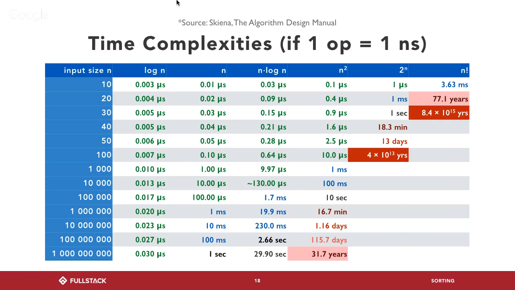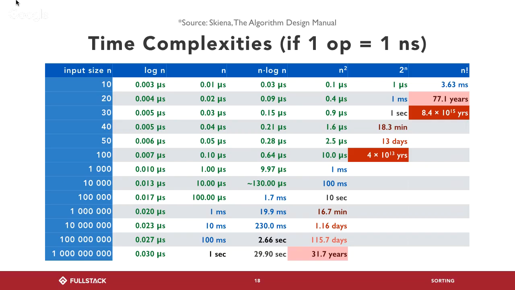So again, assuming that one operation is 1 nanosecond, when we start looking at this with large numbers, let's say we're looking at 1 million items, and just for simplicity's sake, we'll say that comparing one of the items takes 1 nanosecond.